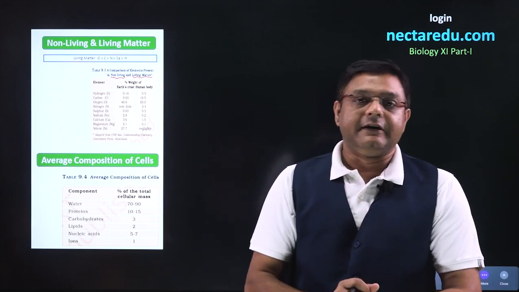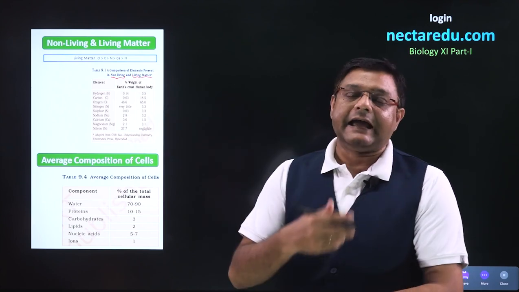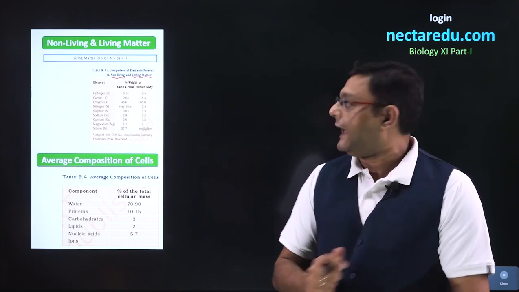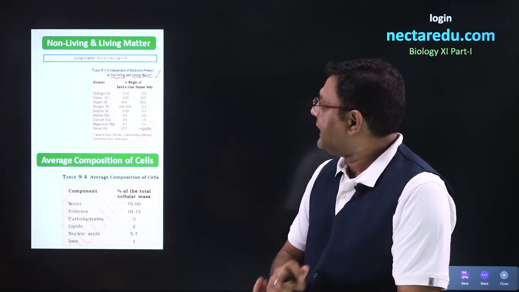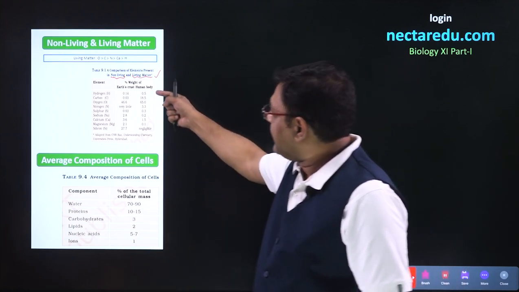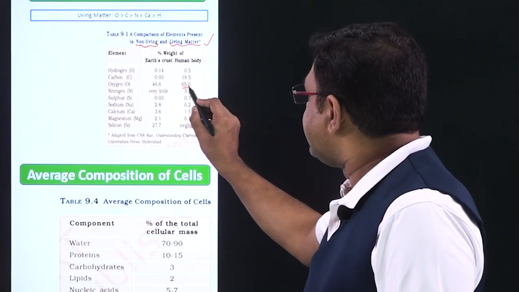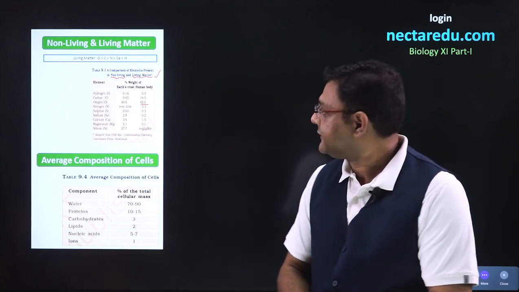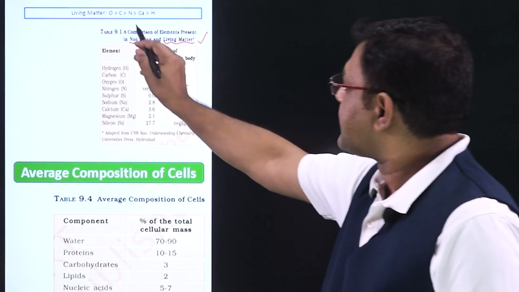So, we need not learn the percentages, but we need to see what is the ascending or descending order of the elements, especially in the living matter. Now, if we see the living matter, then the maximum concentration is of oxygen. We can see that the percentage given here is 65%. The second element which is most abundant is carbon.